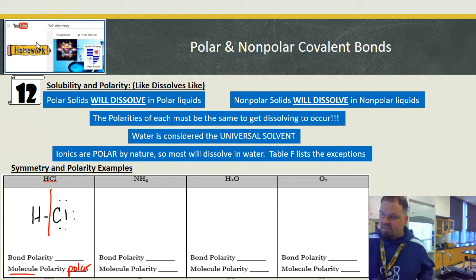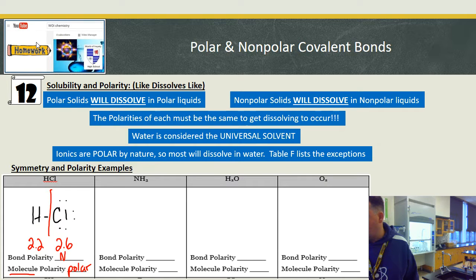But that doesn't necessarily mean it's the same for the END. So I have to look them up, because then just the bond is, so hydrogen is 2.2. And Cl, I'm guessing, is 2.6. So the difference is 0.4. So this is a nonpolar bond. Well, it's 0.4.